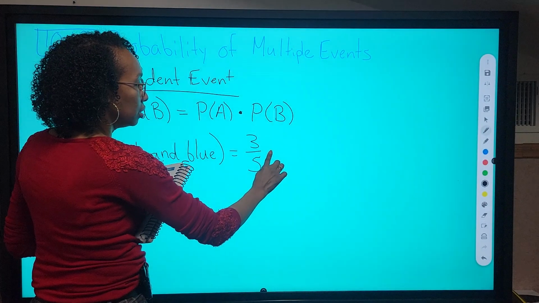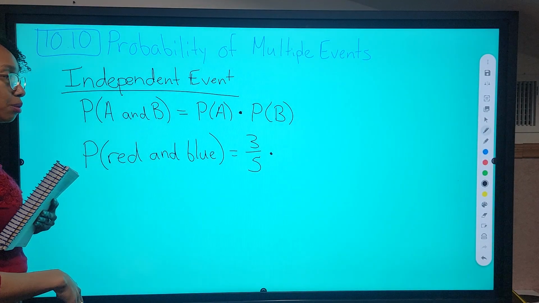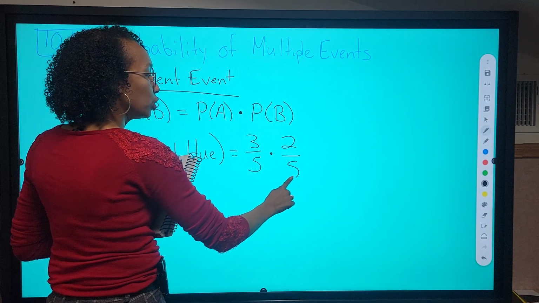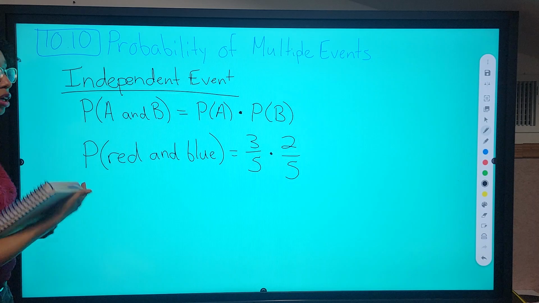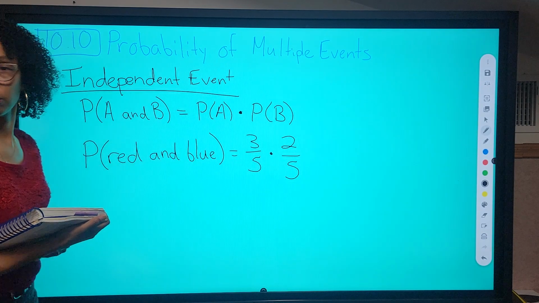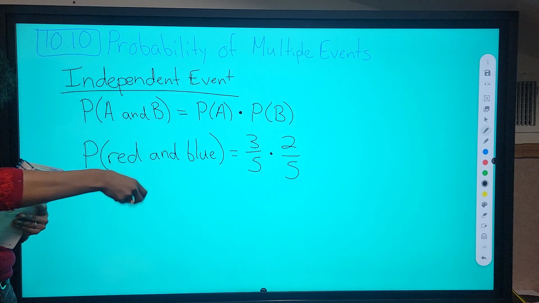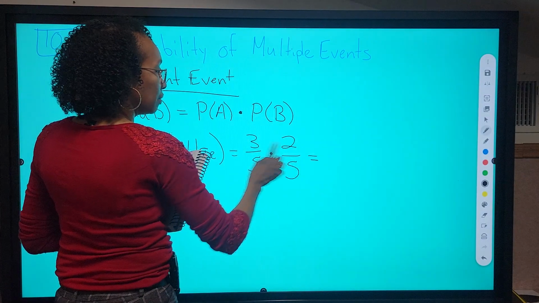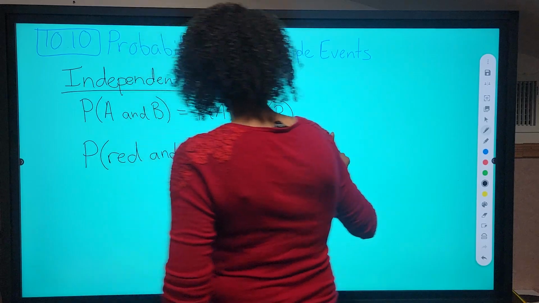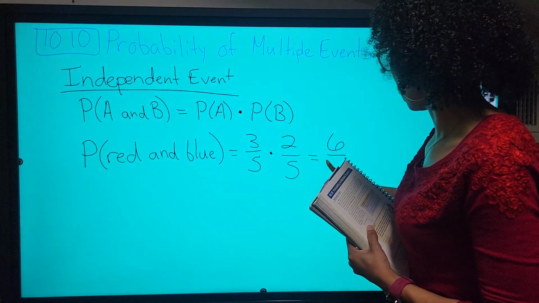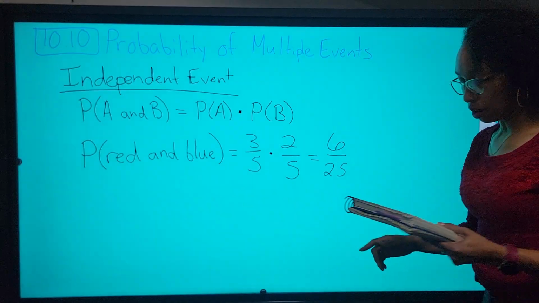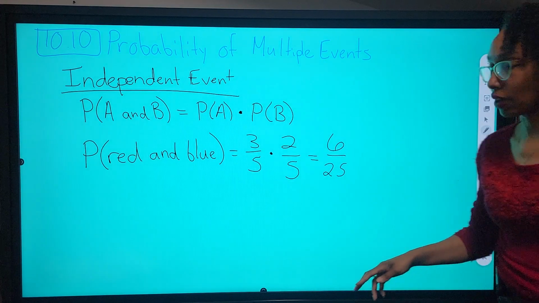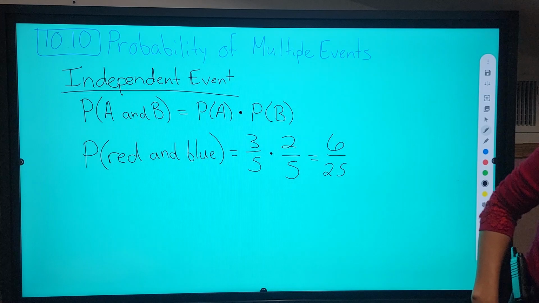So the next one, probability for drawing a blue, there are 2 blue in the jar, but because you put the first marble back in, there are still 5 marbles in the jar. Okay, so you drew the first marble, put it back in, drew the next marble. The probability of this happening would be 3 times 2 is 6, and 5 times 5 is 25. So the probability of this happening would be 6 25ths probability.